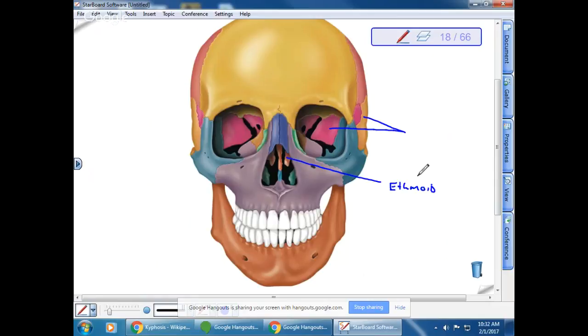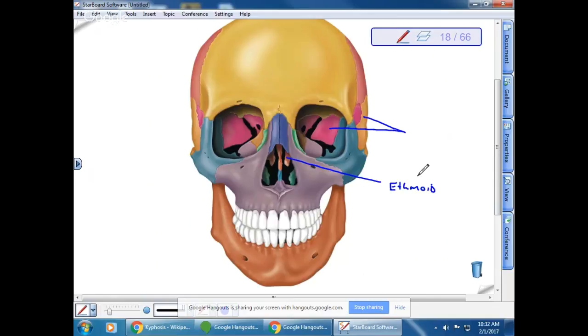Okay, so the ethmoid actually makes up part of your nasal septum, comes down, right, the nasal part, and then it actually comes up, and you can kind of see it on the inside of the skull as the crista galli. So the crista galli is actually part of the ethmoid bone.